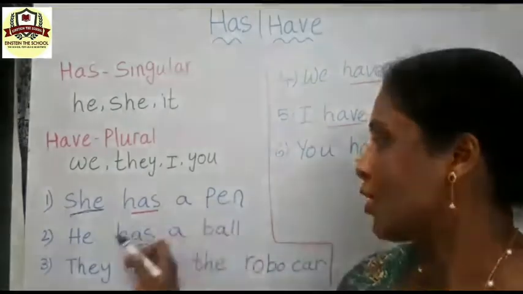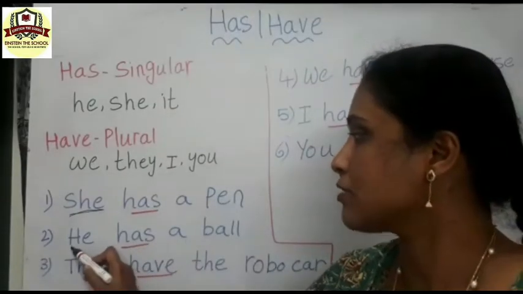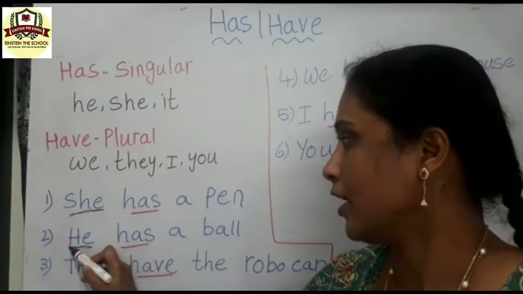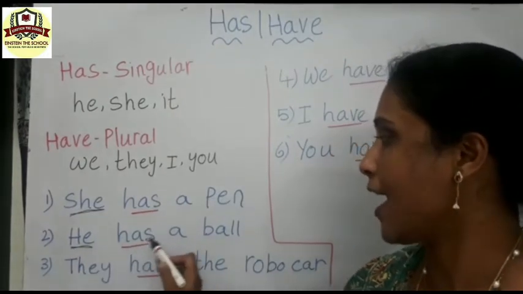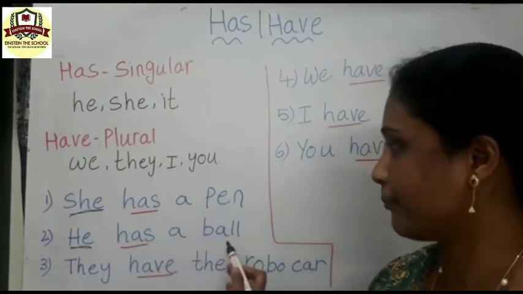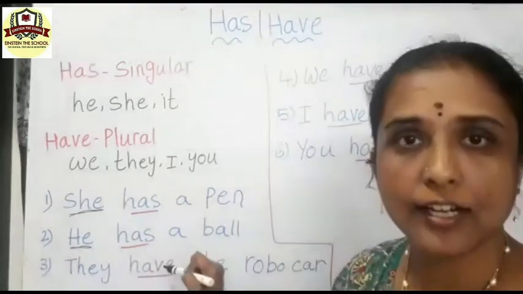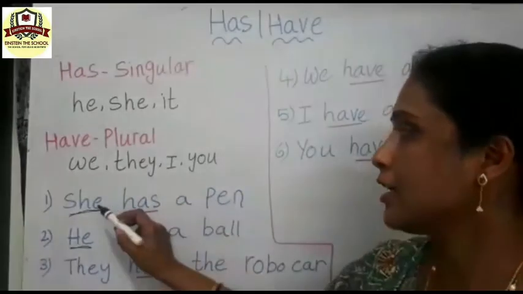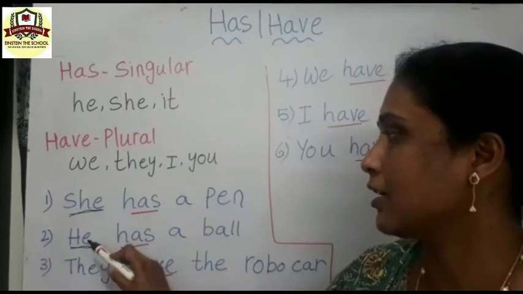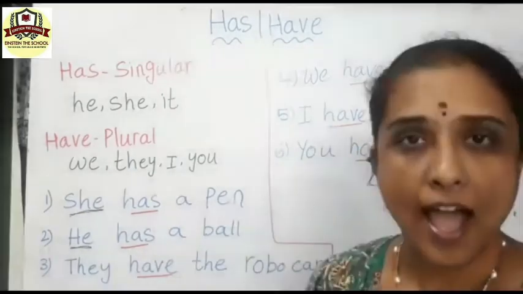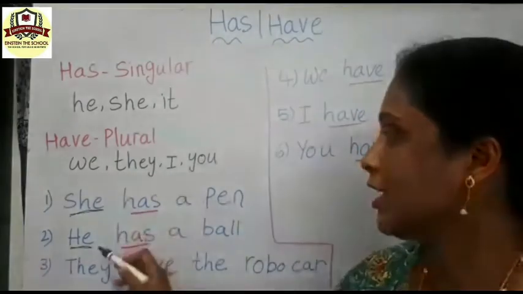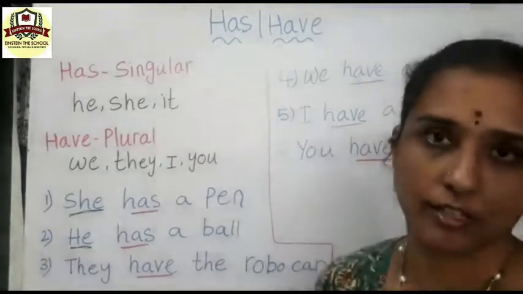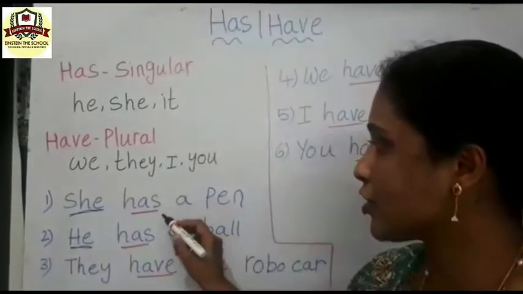Understood? Now see, he is also singular. He has a ball. Here she, he, then what we should use? Has. She, he, it are singular. So we should use what children?